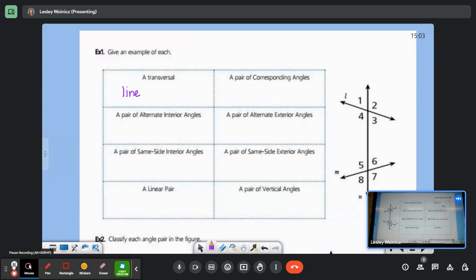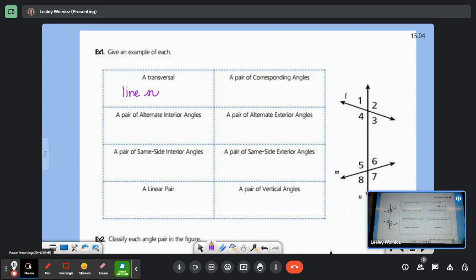Remember that we can either name a line with the two points that are on it, with the arrow over the top, or we can name it with a lowercase script letter. So line N. Make sure it's all scripty and fancy.